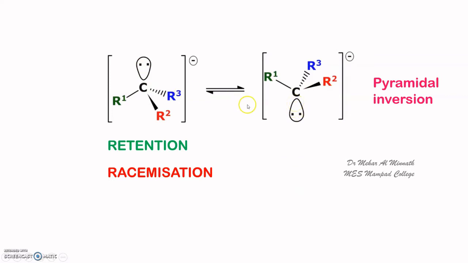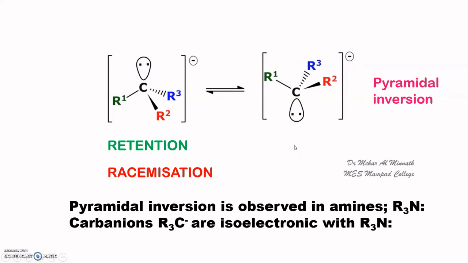The configuration changes and we get the racemic mixture, because of the pyramidal inversion or pyramidal flipping. Such inversion is observed in amines, tertiary amines, and we know that carbanions are isoelectronic with tertiary amines. So this pyramidal inversion is observed here also.